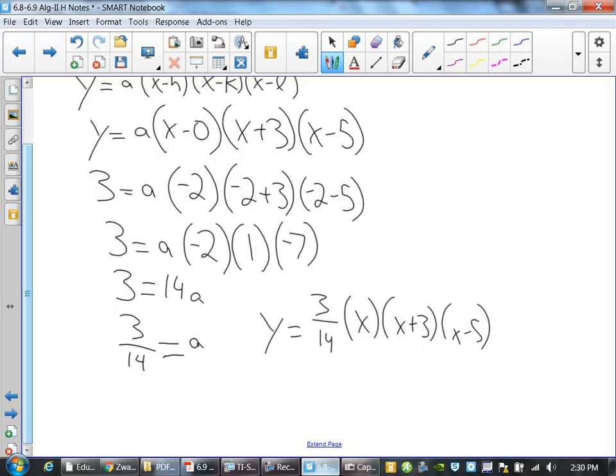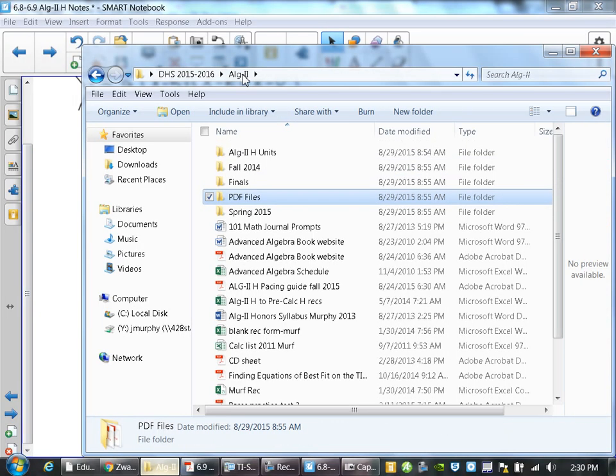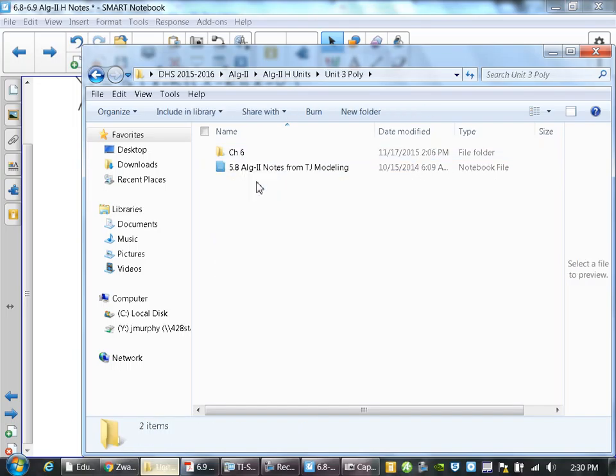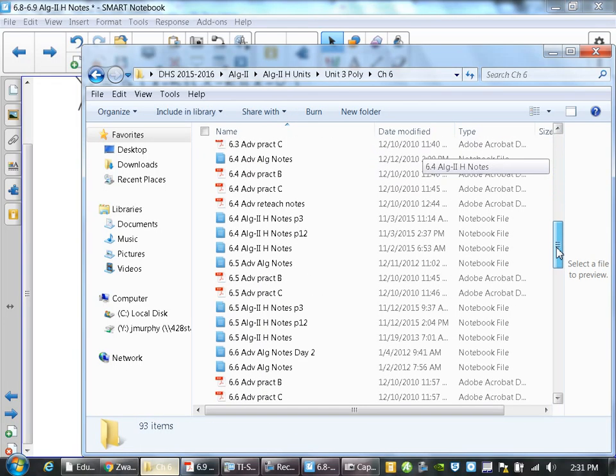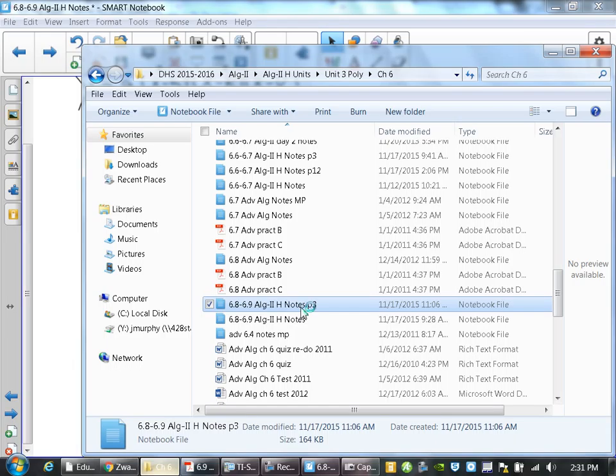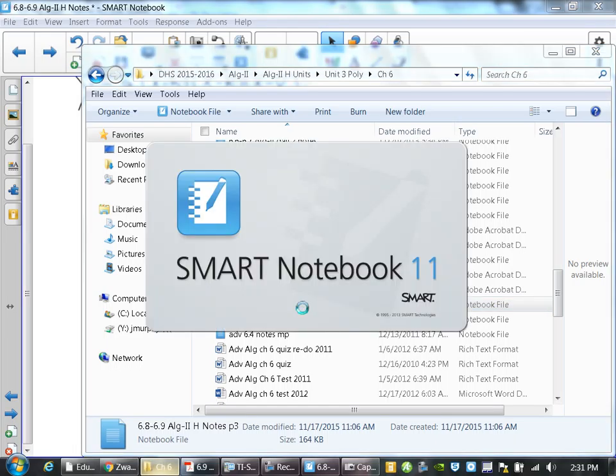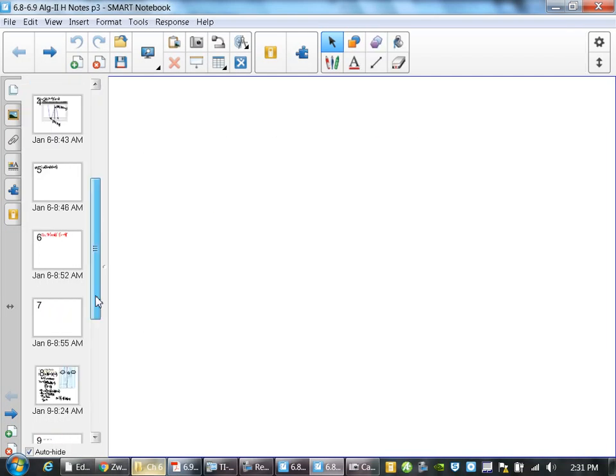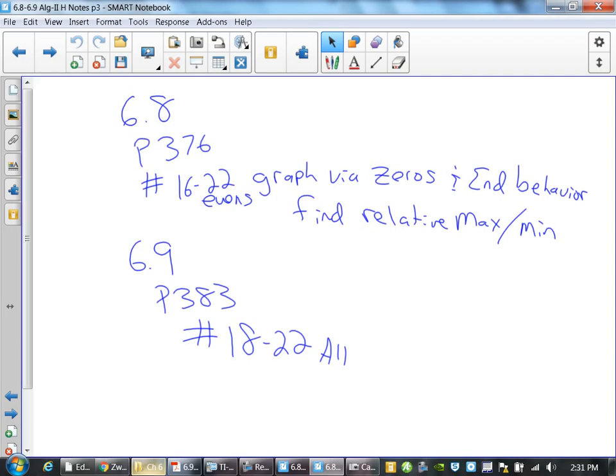These problems. Forgot which ones I assigned. In 6.8, it'll be 16 through 22, graphing via zeros and end behavior, and then you're going to find the relative maximums, relative minimums.